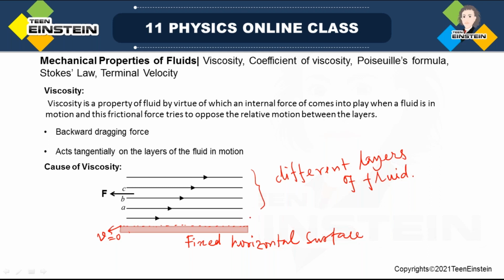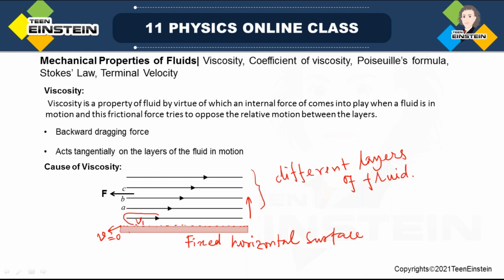Now as you go in the upward direction, the velocity of each layer will be increasing. Look, this layer has velocity, suppose v1. Then in the next layer, as you go away from this fixed surface, because here the speed is 0 for the layer which is in contact with the fixed surface, the speed of the layer of liquid will increase.